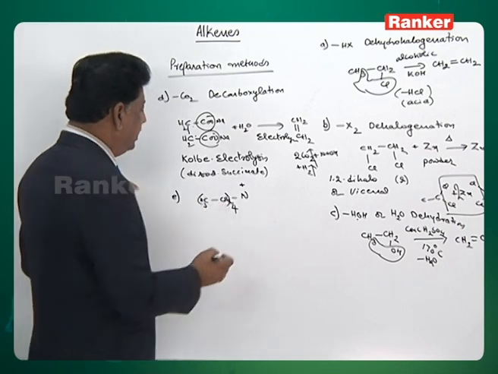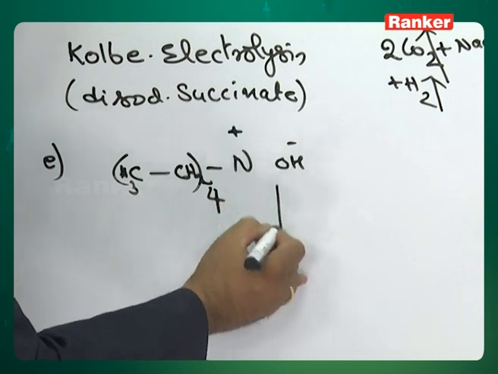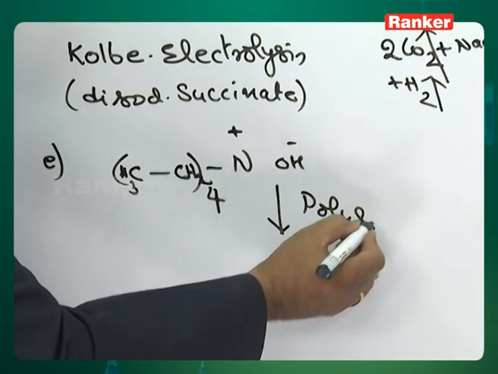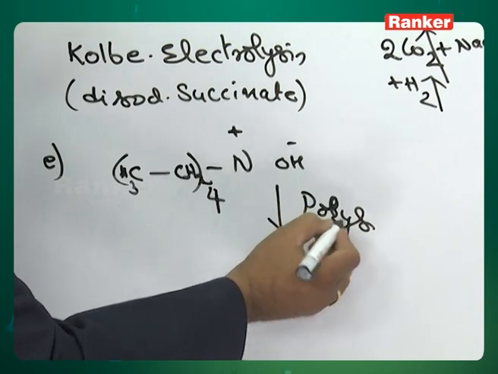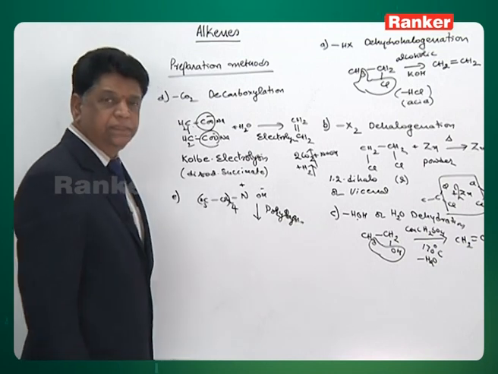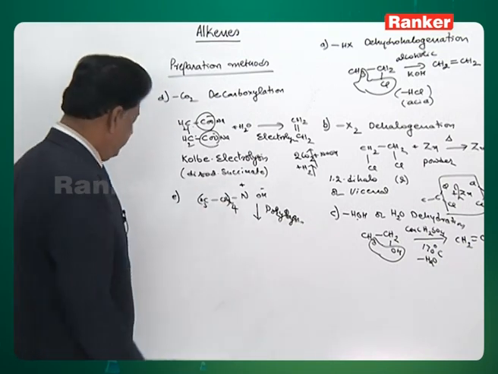You take the quaternary ammonium hydroxide and then heat it strongly. This is called pyrolysis. Pyro means temperature, lysis means cutting of the bond.